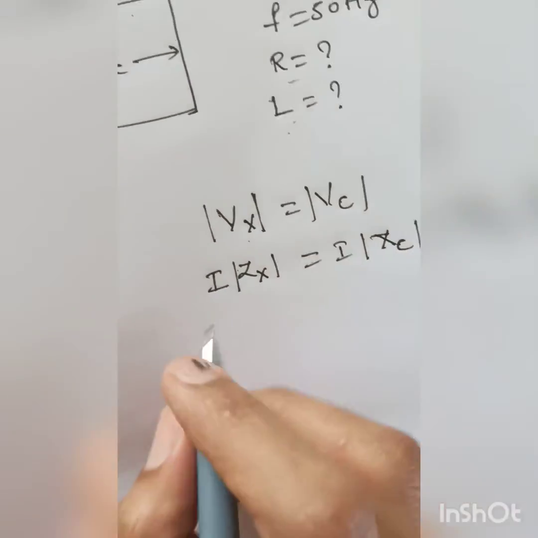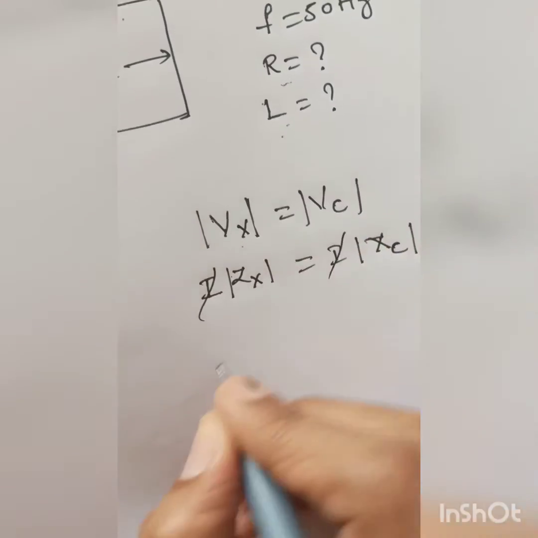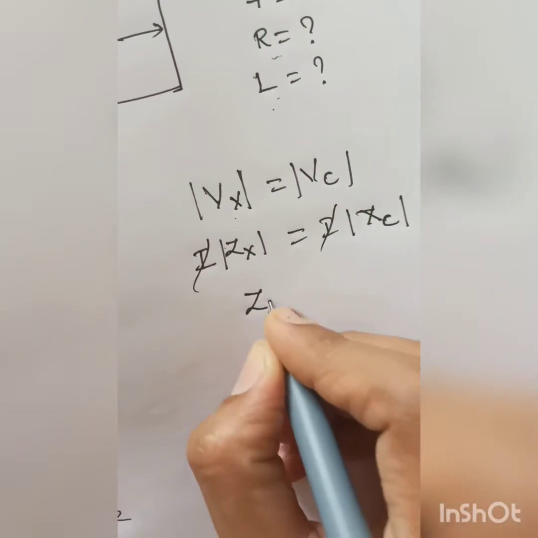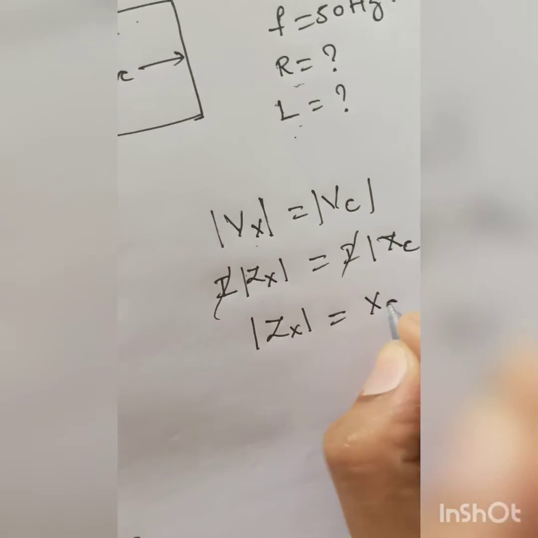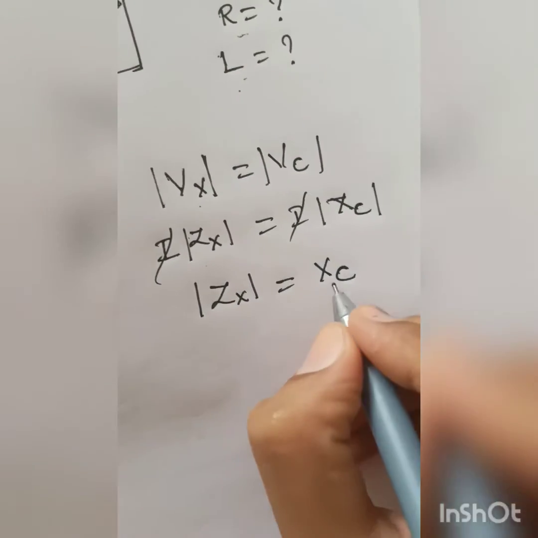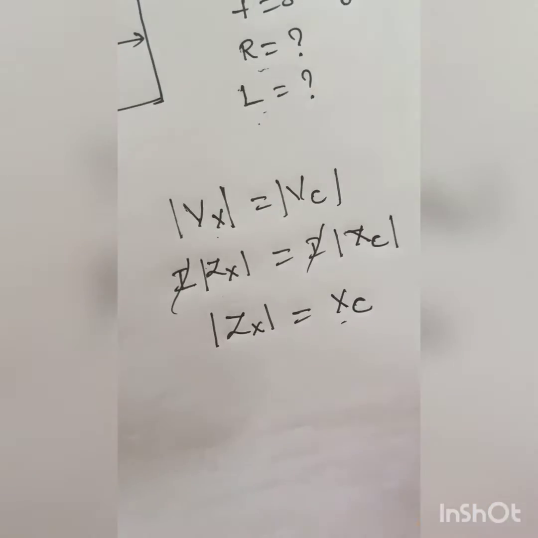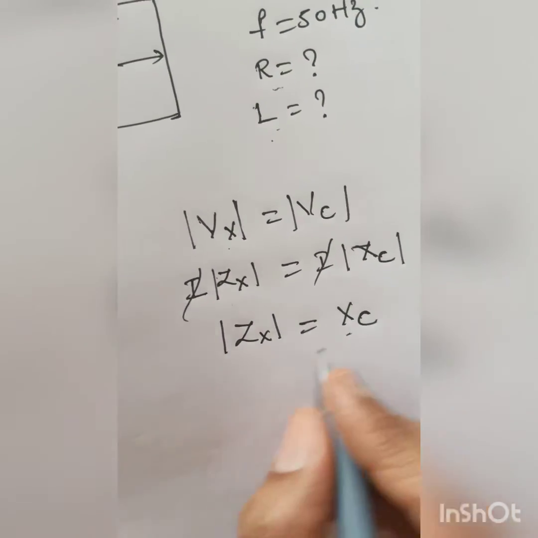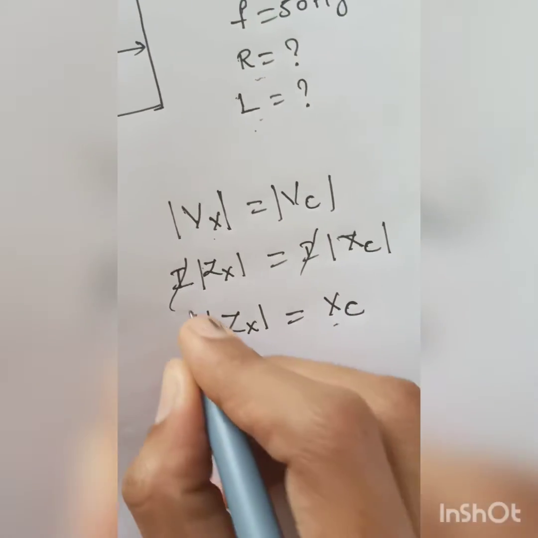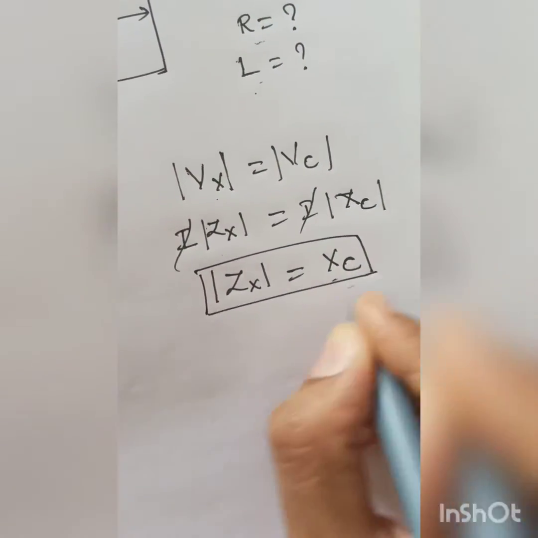So here I gets cancelled, and we have Zx is equal to Xc, the capacitive reactance.